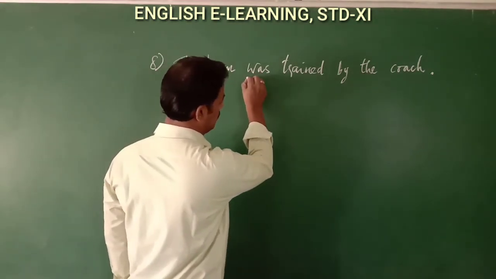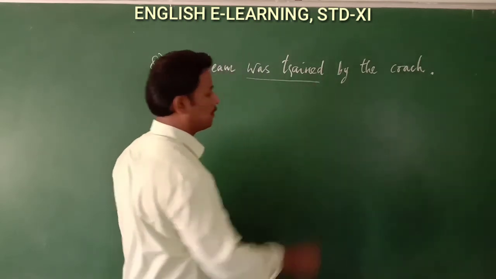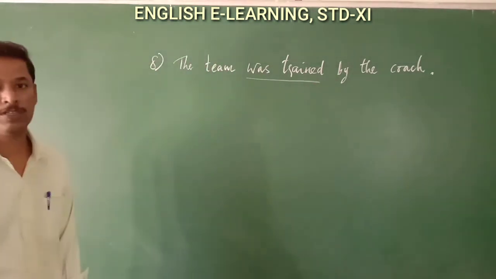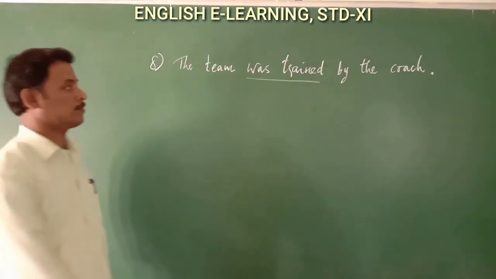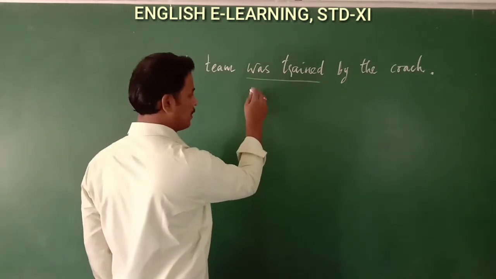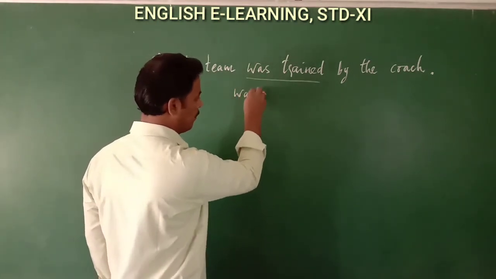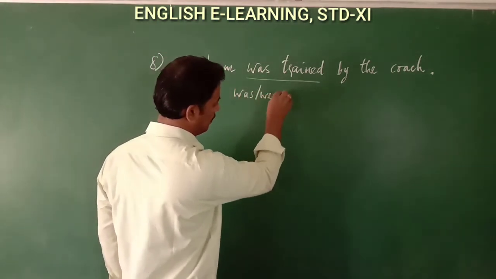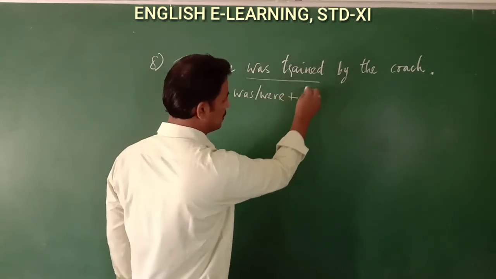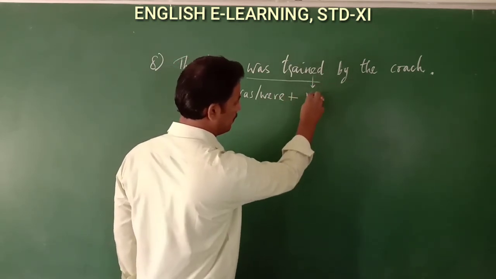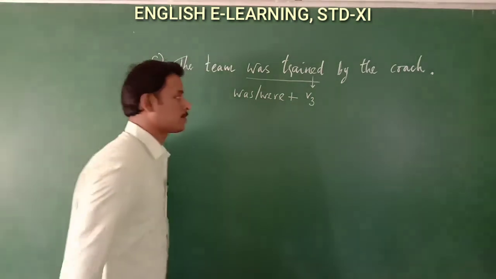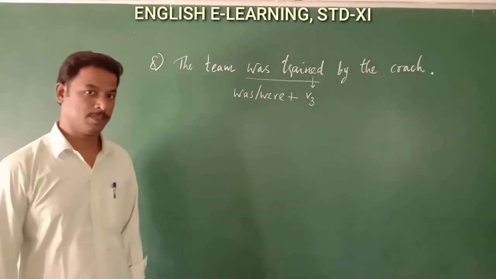Let us discuss the verb was trained. Was comes under the category of was or were plus verb 3, since trained is in the third form. So was or were plus verb 3.